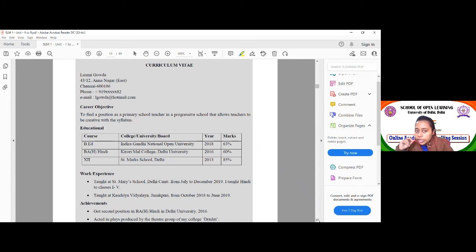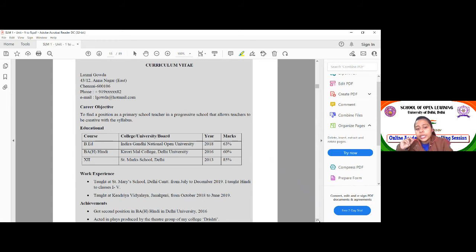So, her career objective, Lakshmi Godbas, is to find a position as a primary school teacher in a progressive school that allows teachers to be creative with the syllabus. So she wants to be a primary school teacher at a school that gives her a lot of freedom to teach the kids the way she wants to. Then she has written her educational qualification.